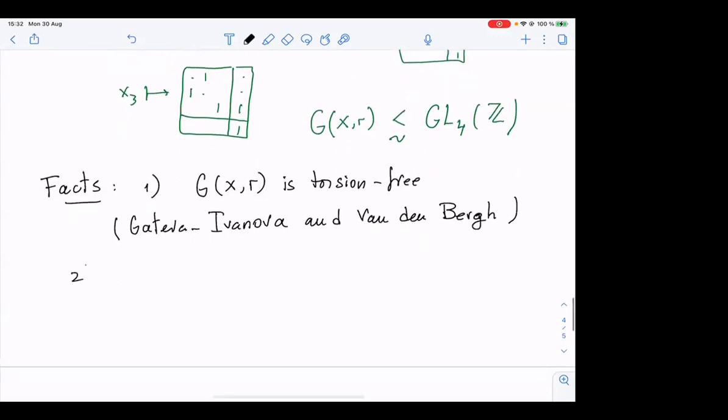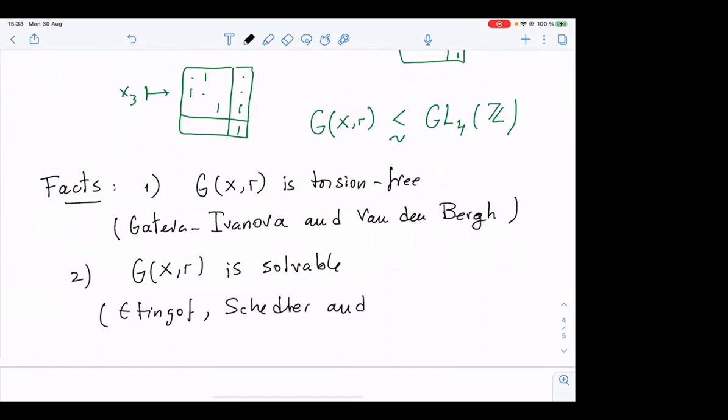And another fact, which is kind of interesting, is that this is a solvable group. And this was proved by Etingof, Schedler, and Soloviev. Okay, good.